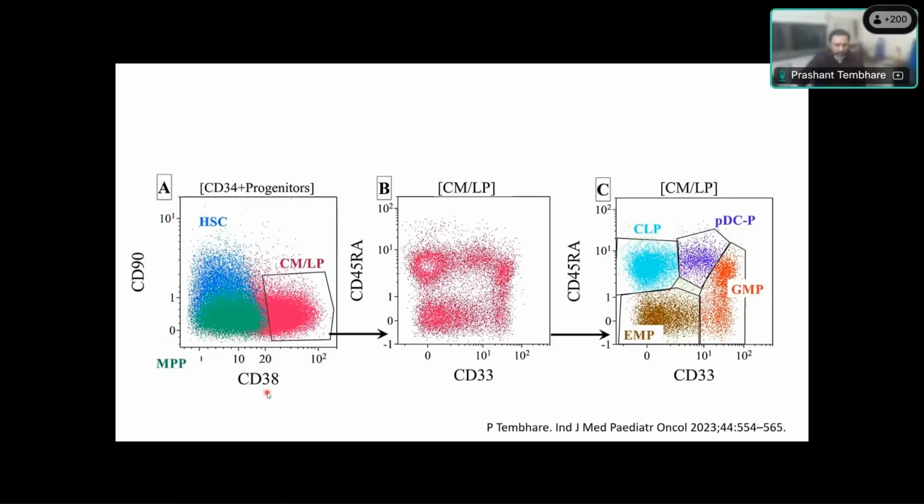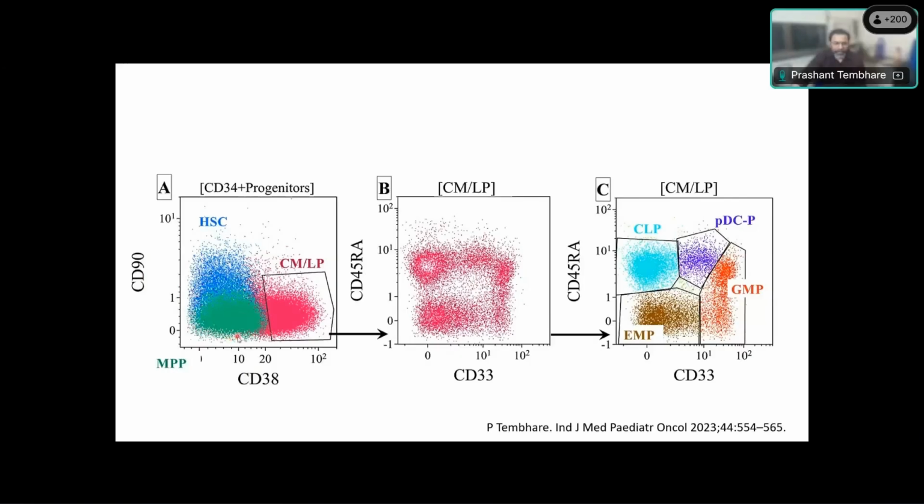Here CD38 is the antibody labeled on the x-axis and CD90 on the y-axis. That means the cells close to 0, in the left lower quadrant of this dot plot, are negative for both CD38 and CD90.